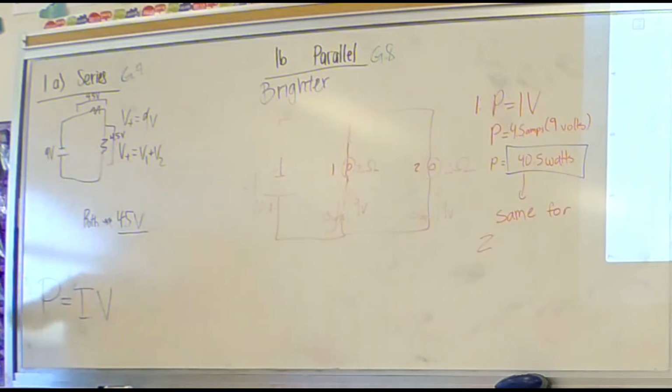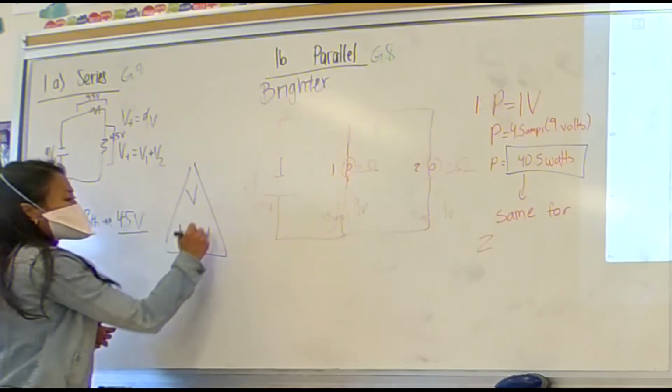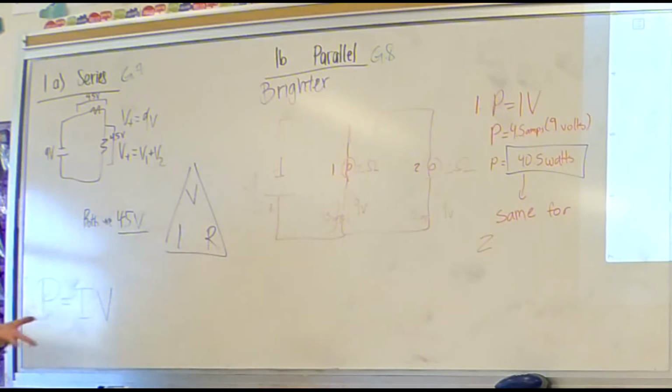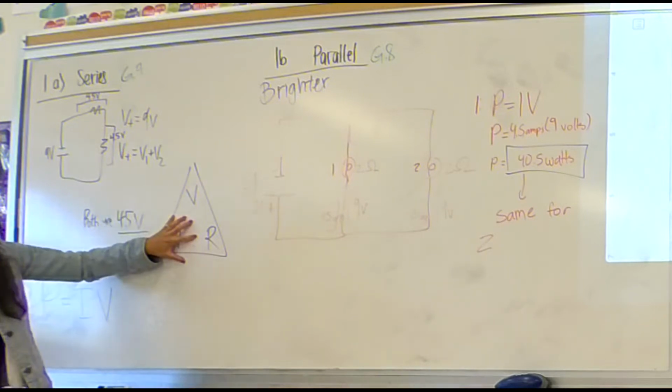And now that we know the voltage is 4.5, we need to figure out what the current is. So this is where this equation or this method, the VIR triangle, comes in handy. So our current is voltage divided by resistance.